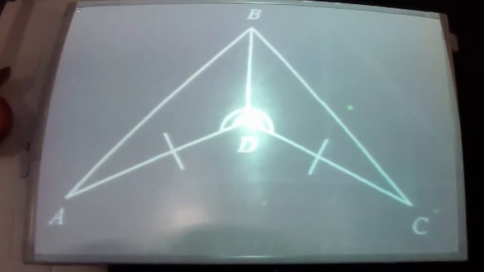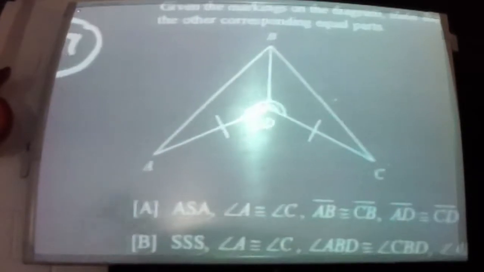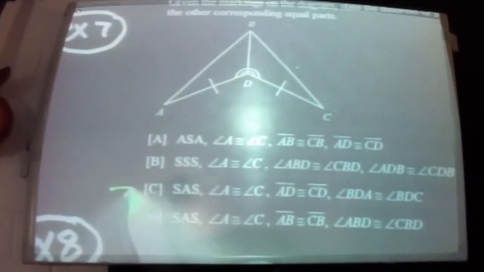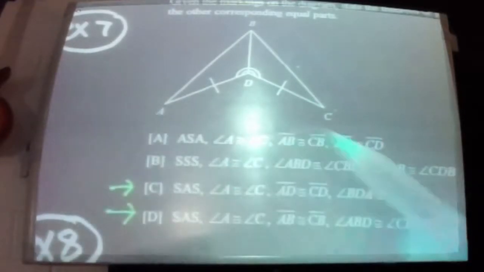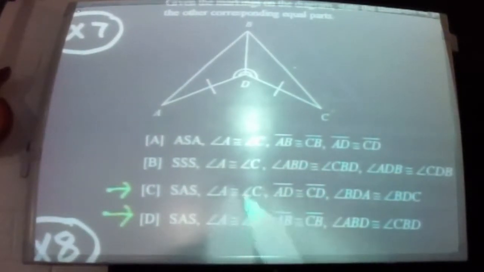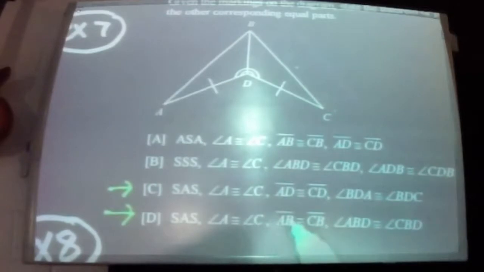So between C and D. Now here's what I mean by list the other parts. It's one of these two. Make sure that we start listing the parts that aren't marked. A and C go together, don't they? Okay, that's on both of them. Here's where you're going to get it right. AD and CD, that's already marked, isn't it?